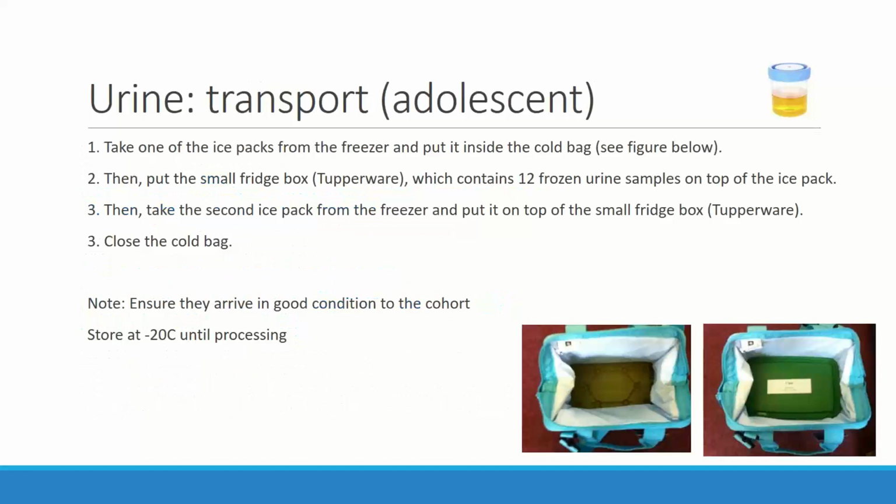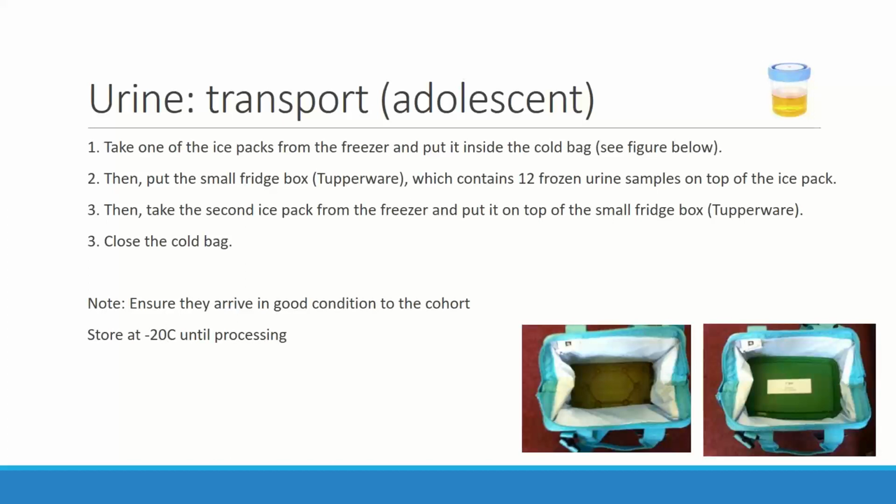Okay, this is the collection, and now the transport. To transport the samples, we have to be sure that the samples arrive to the cohort still frozen, okay? So we propose to use this cooler bag with 2 ice packs, and these ice packs will be given to the child or maybe the field worker. It depends on how you have organized the visit.